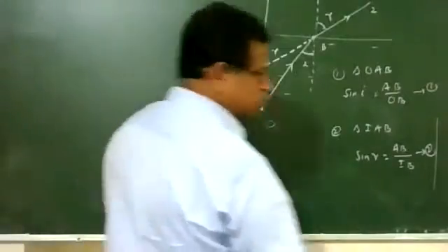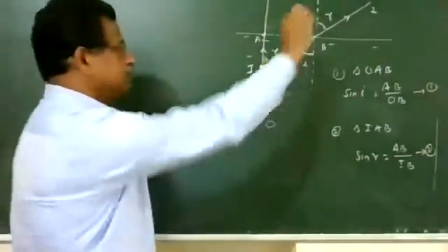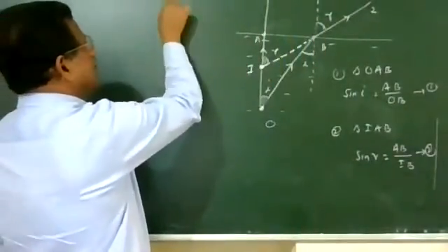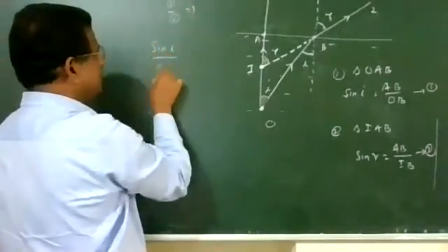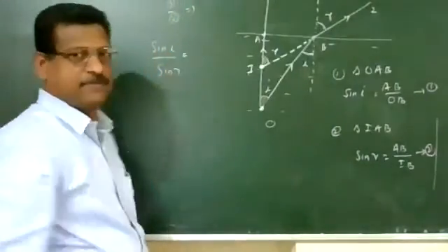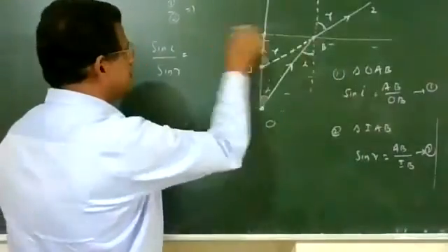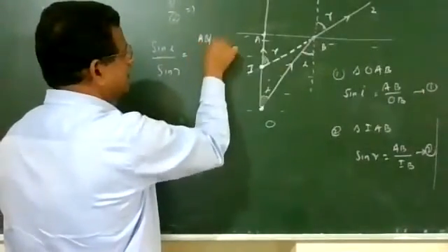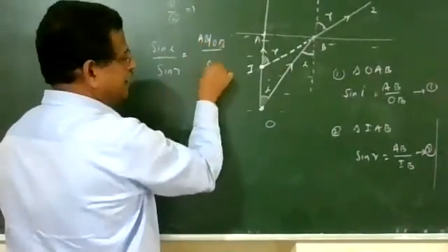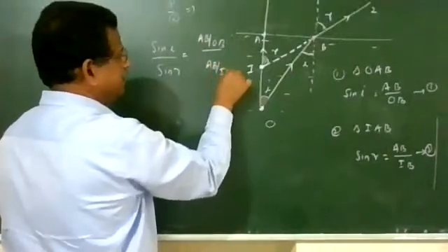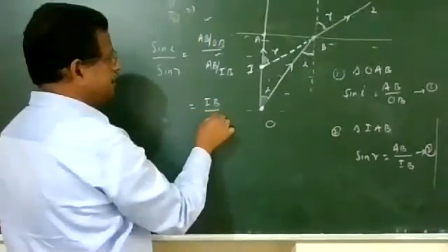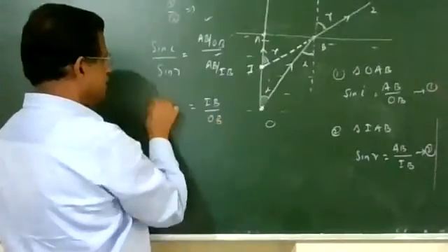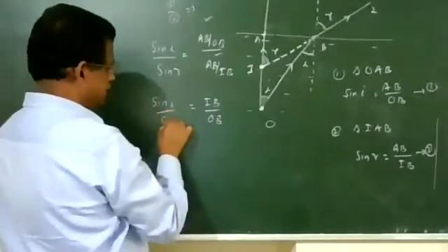We take the ratio, equation 1 by 2. Sin I divided by sin R equals AB divided by OB, divided by AB divided by IB. AB cancels. We are getting sin I by sin R equal to IB divided by OB.